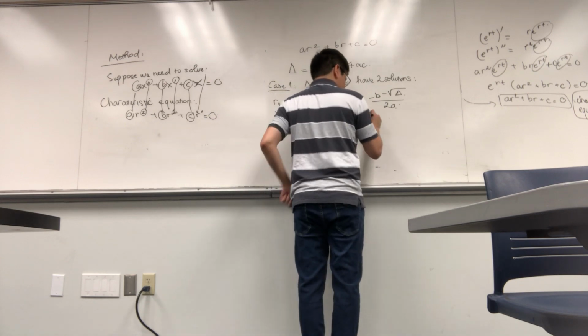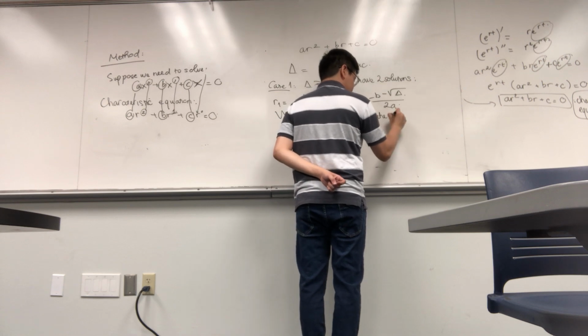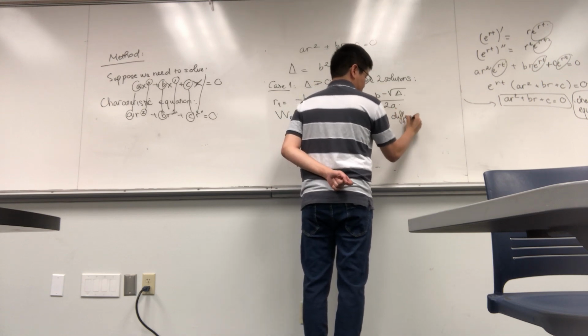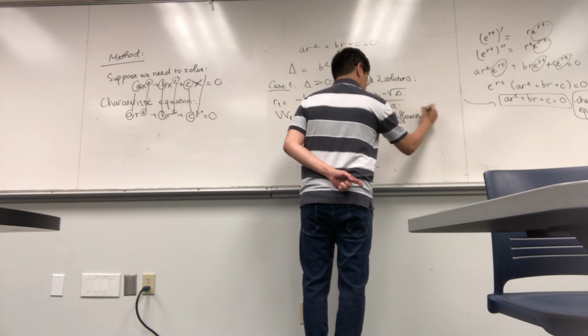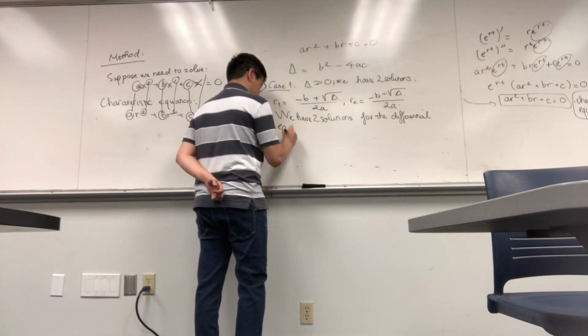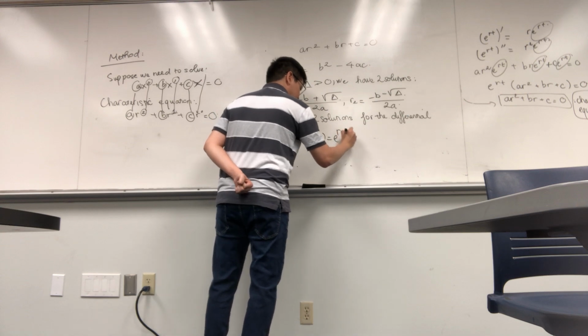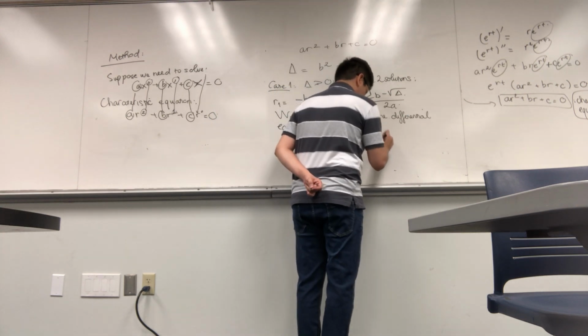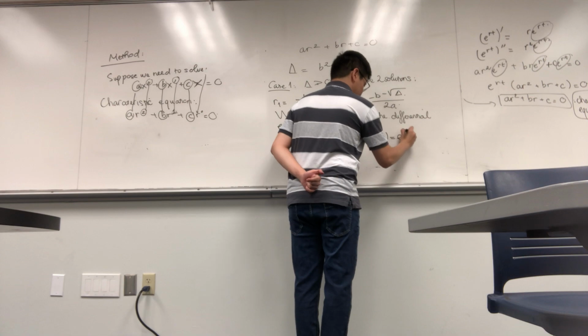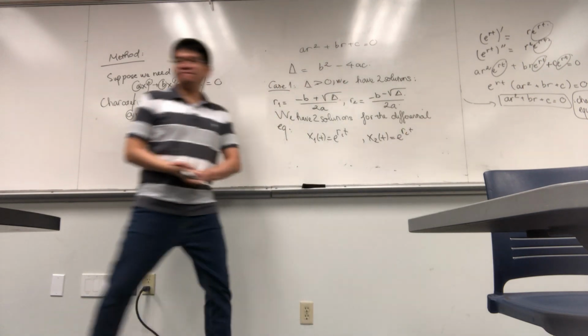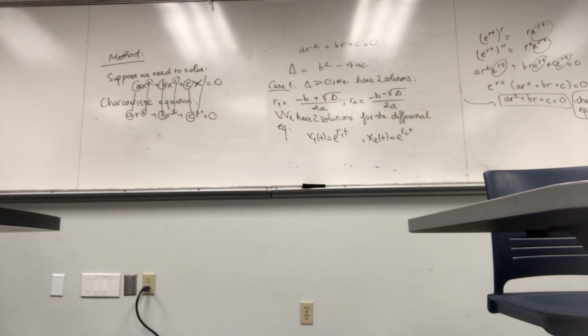For the differential equation, x1(t) will be e to the r1 t, and x2(t) will be e to the r2 t. Right? So case number 1, if delta is positive, you have two solutions for the quadratic equation.